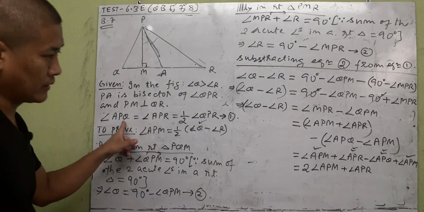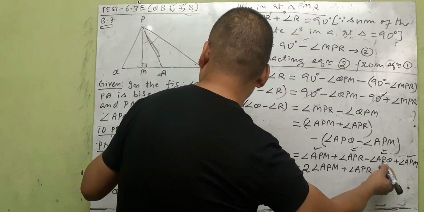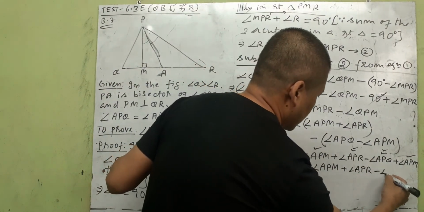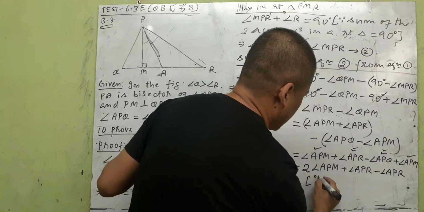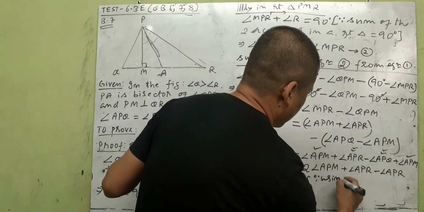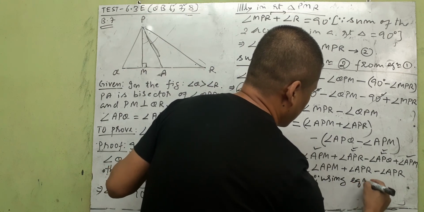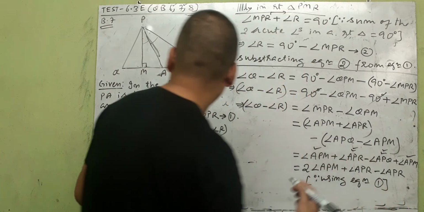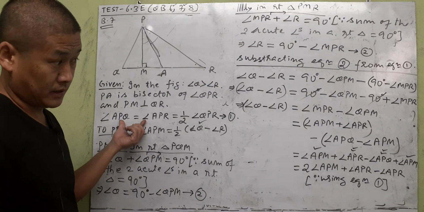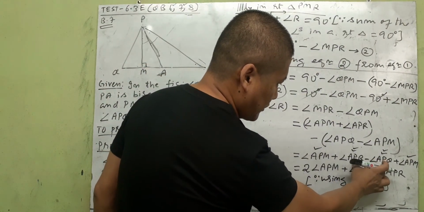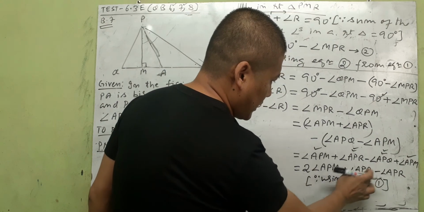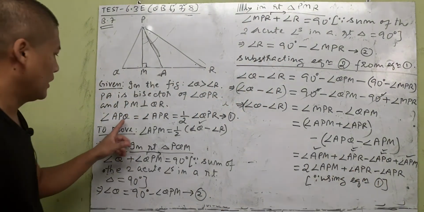So we may as well replace this APQ by APR. And we can give the reason here, since using equation number 1, which says APQ and APR angles are equal. So we can replace APQ by APR, because APQ is equal to APR.